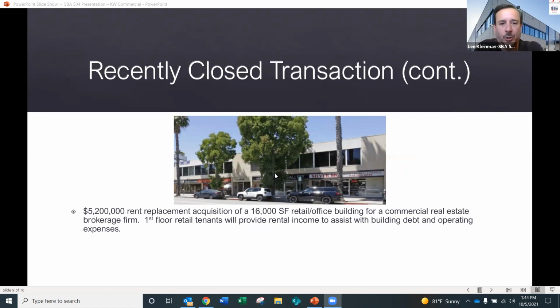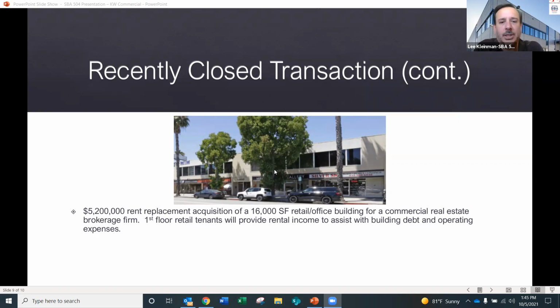This particular firm is going to occupy at least 51 or 55% of the building, and they're able to lease out up to 49% and collect rental income from third-party tenants to help with the building operating expenses and mortgage loan payments. As the owner's business grows and expands, they can not renew certain tenant leases and slowly grow into the building as they need that extra space over the years.